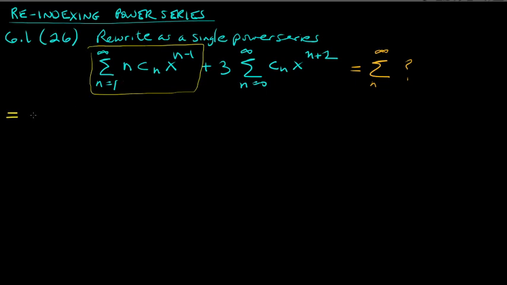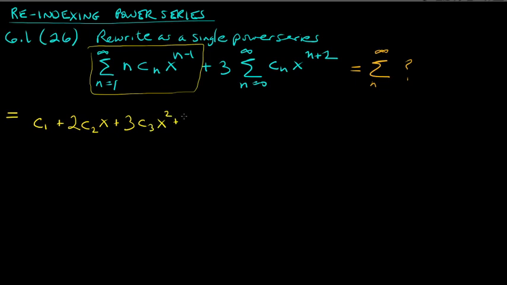When n is 1, we have 1 times c1 times x to the 1 minus 1, which is 0. x to the 0 is 1, so we don't need to write that. The next term is when n is 2, so we get 2 times c2 times x to the 2 minus 1, which is 1. Plus 3 c3 x to the 3 minus 1, which is 2.